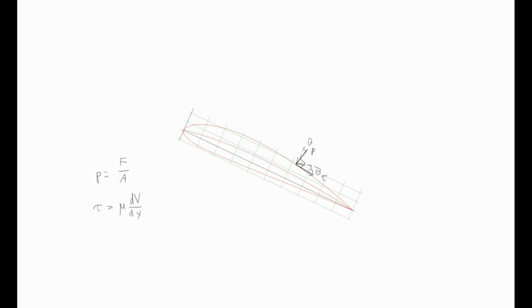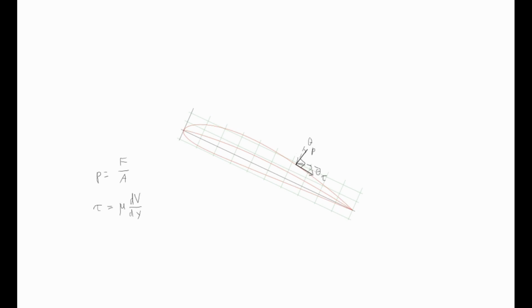In which mu is the viscosity coefficient and dV over dy is the velocity gradient, which will be covered later when talking about boundary layers.